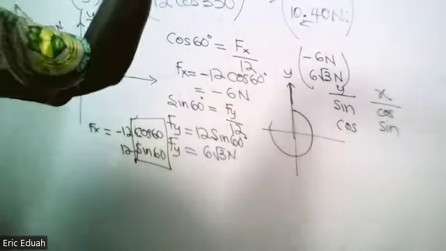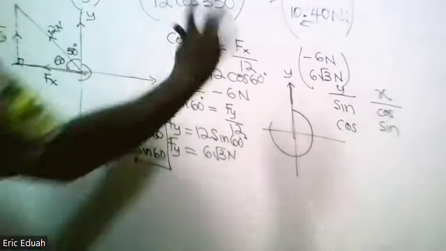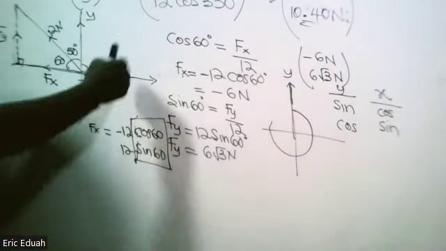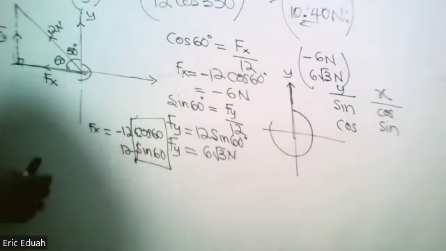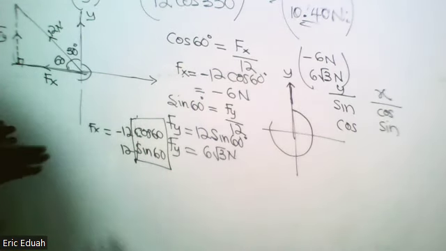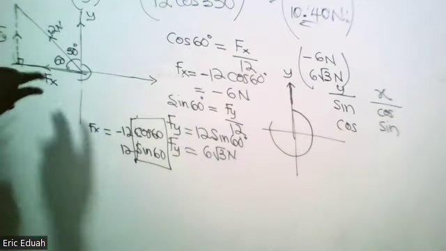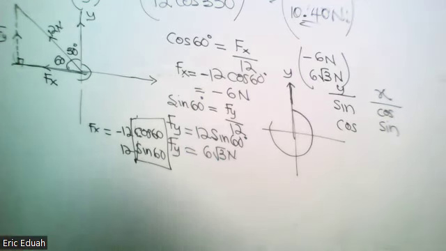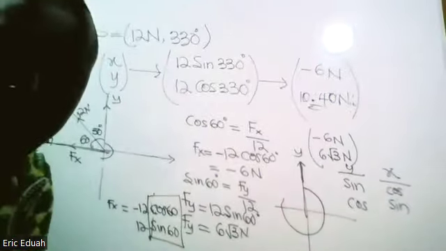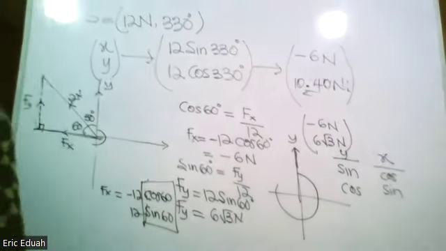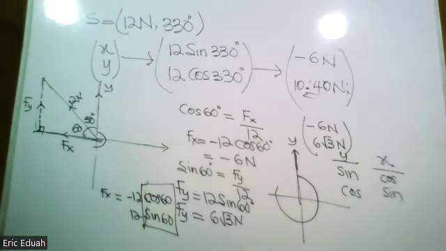You can use the angle given to you to get the component, or you can resolve it into its corresponding angles, the 60 and 30. But both ways must give you the same results. Okay.